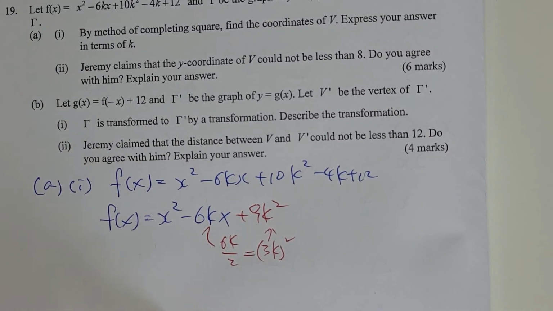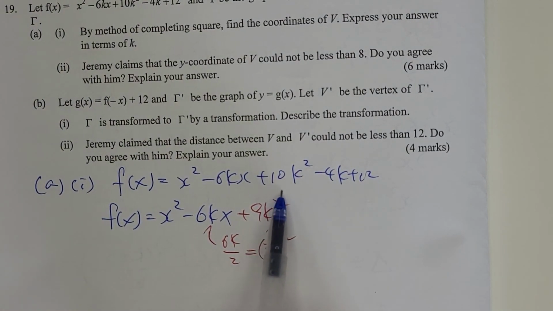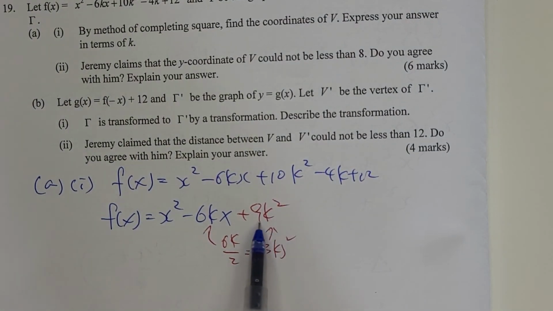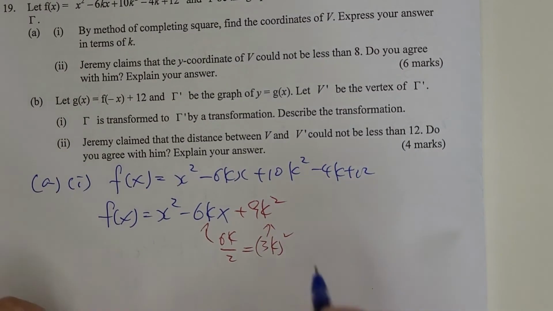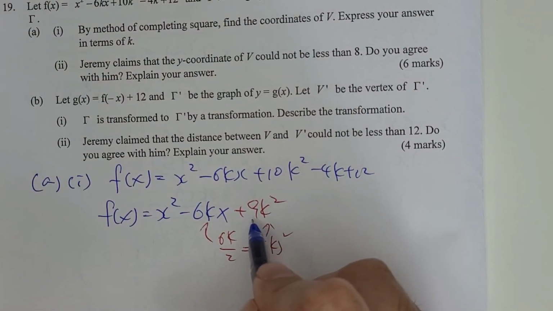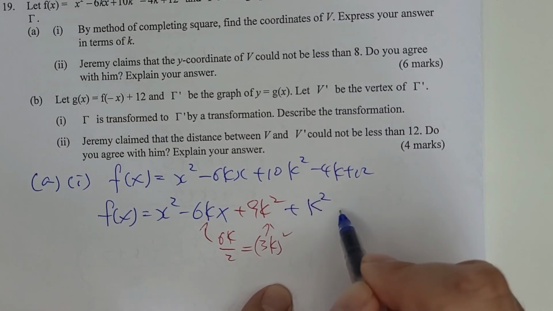So go back to here. This originally has 10k squared. Now you have 9k squared here, so you need to split into 2. 10 becomes 9 plus 1.